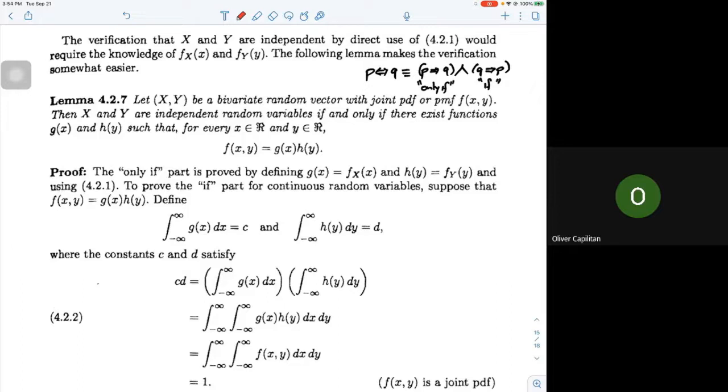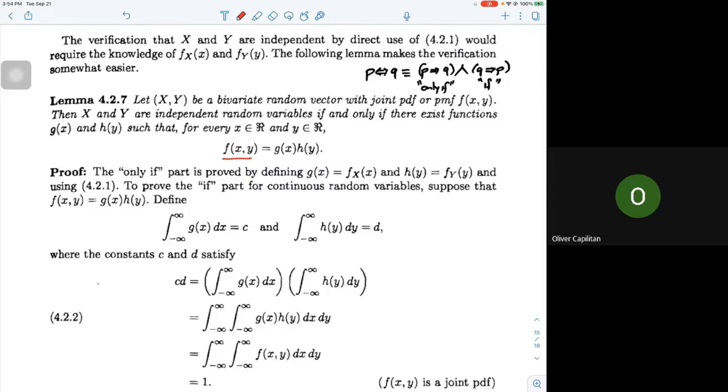Then X and Y are independent random variables if and only if there exist functions g of x and h of y such that for every real number x and real number y, the joint PDF will be equal to the product of these two functions. As I've said, g of x is a function of x only, and h of y is a function of y only.